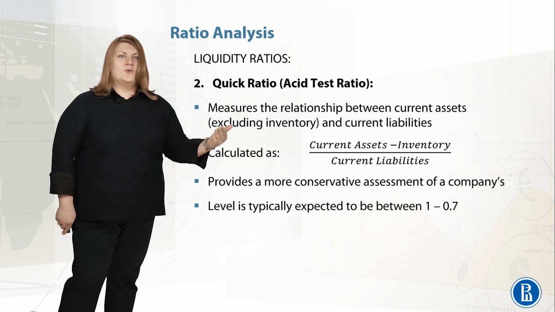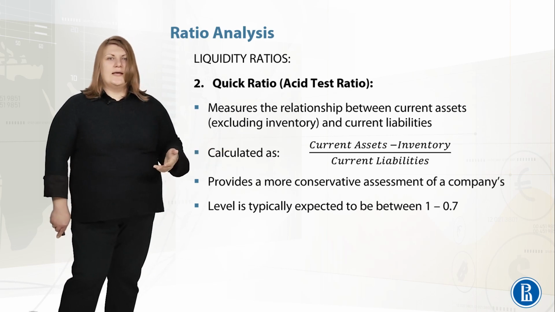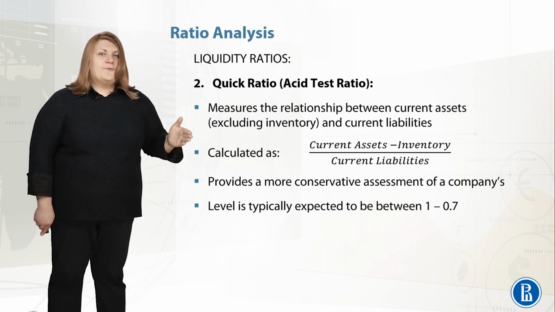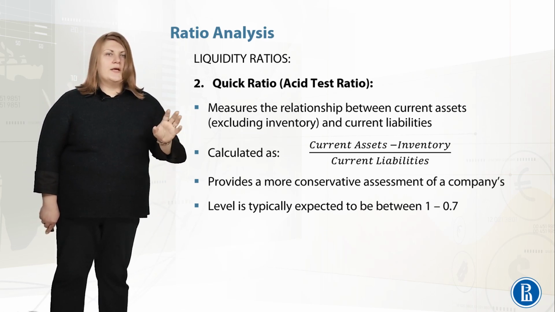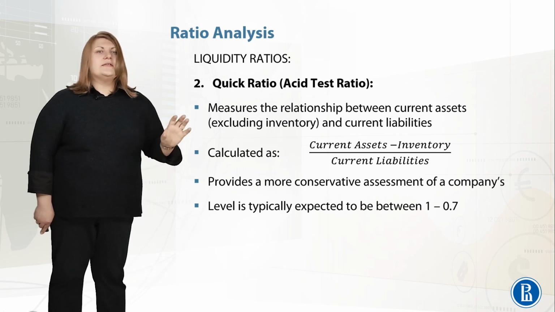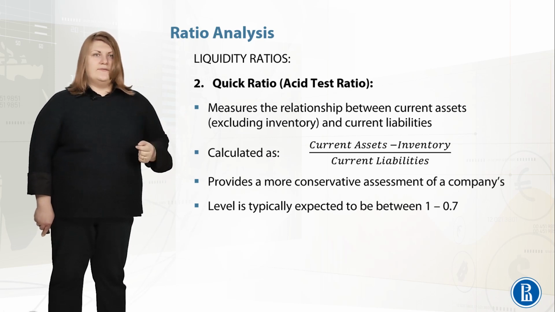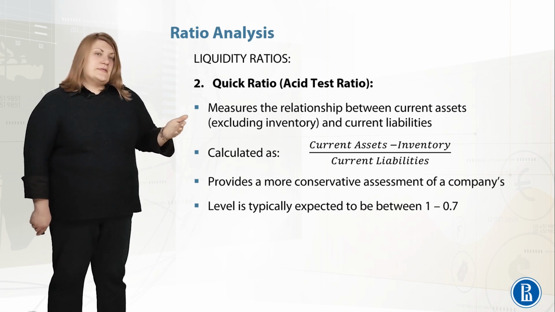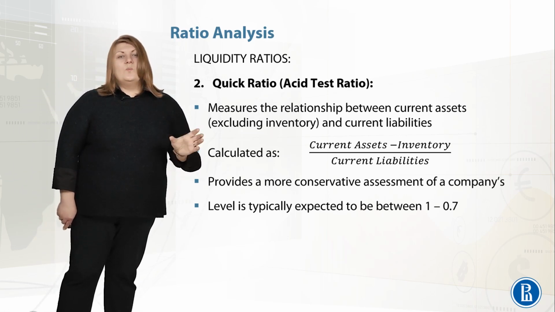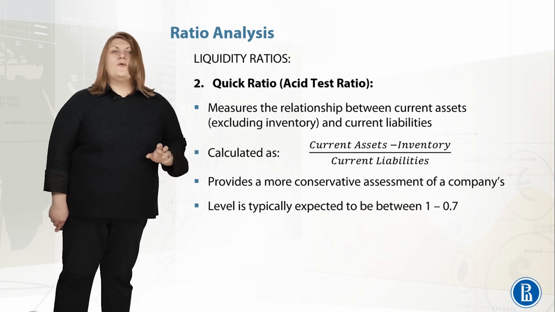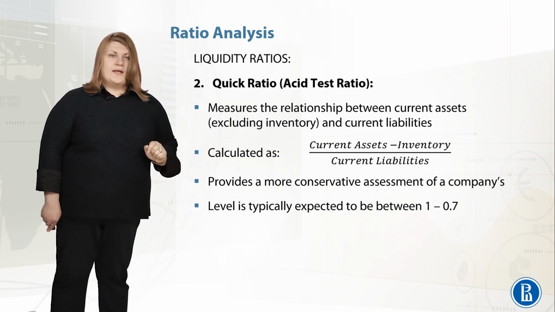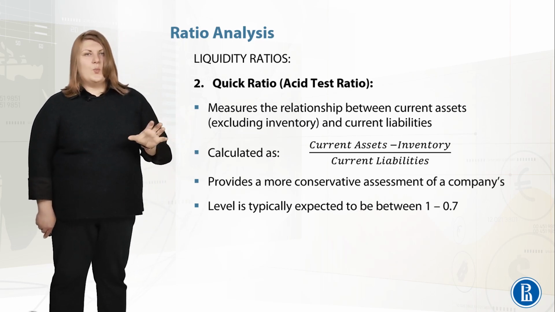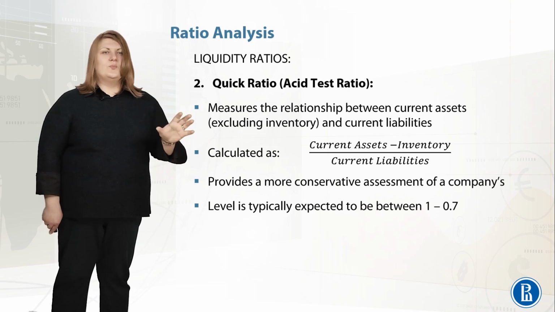That's why we do not include it in our analysis here. In this sense, turning into cash will be delayed if we include inventory in these calculations. Such a ratio will provide us a more conservative assessment of the company's liquidity. The level which is typically expected is somewhere in the range between 1 and 0.7.